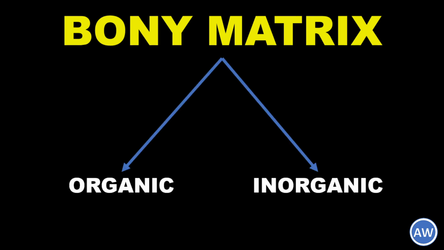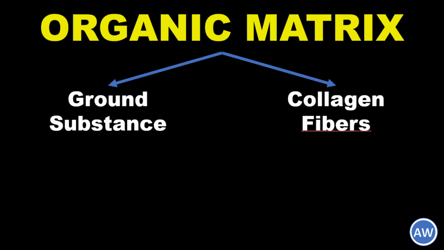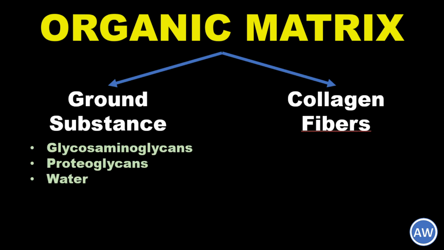The bony matrix can be divided into the organic matrix and the inorganic matrix. About 35% of the dry weight of bone is accounted for by the organic ground substance and collagen fibers and 65% by the inorganic salts. The organic matrix is composed of ground substance in which collagen fibers are embedded. The ground substance consists of glycosaminoglycans, proteoglycans, and water.